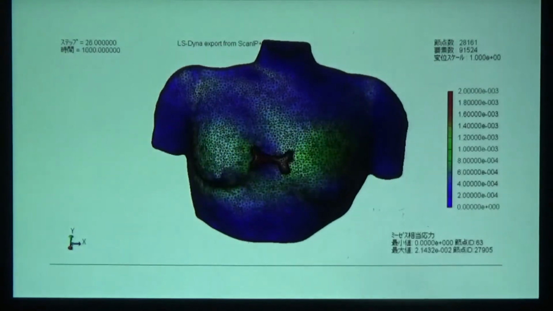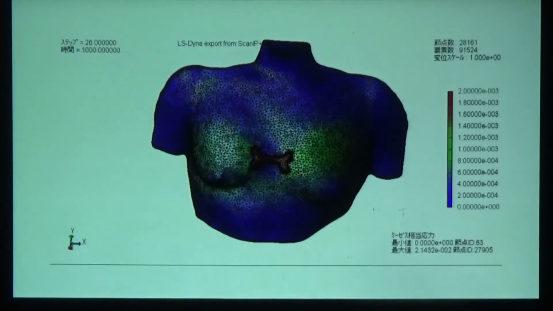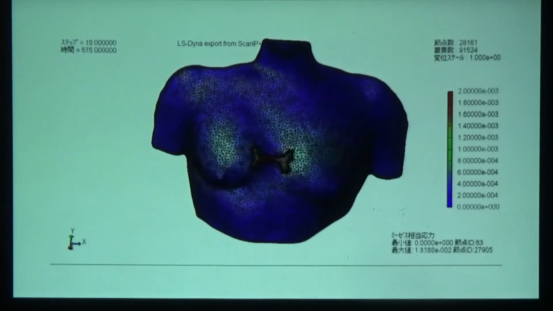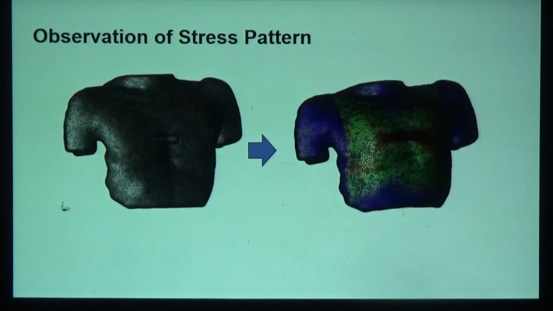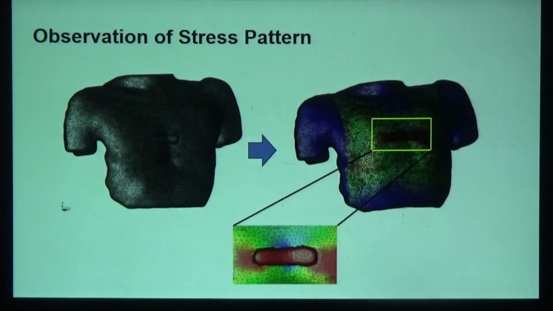As the chest moves during respiration, the skin is stretched and the stress occurs around the scars. We calculated the stresses and evaluated their distribution patterns. The red area indicates the zone where intensified stress occurs.